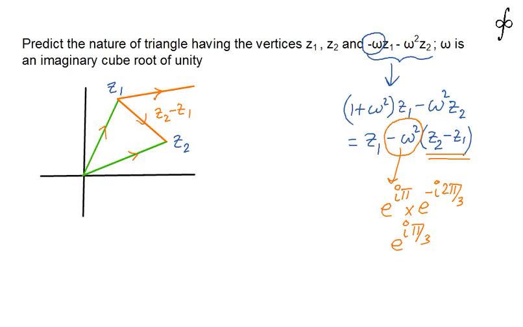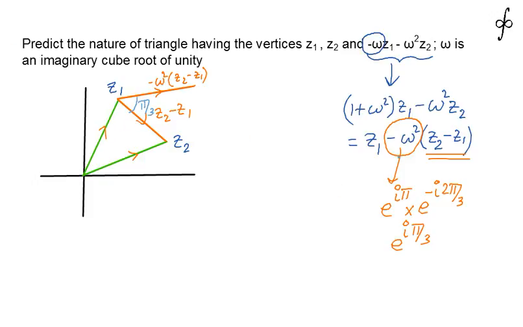So this will be the vector minus omega square into z2 minus z1, because we have just rotated z2 minus z1 anti-clockwise by pi by 3, which is 60 degrees.